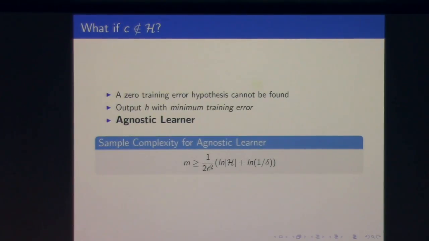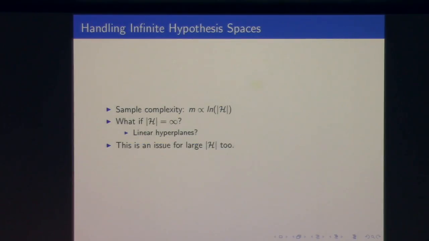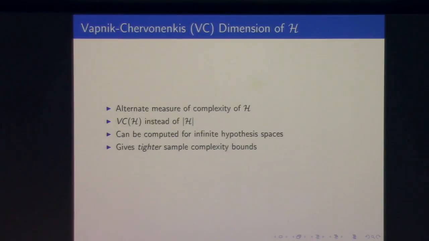Even if we allow C to not be in H, we can't get this bound because H is going to be infinity. So the interesting question is, how can we define the complexity or size of a hypothesis space when its actual size is infinity? That is where we come to this notion of how to handle infinite hypothesis spaces.